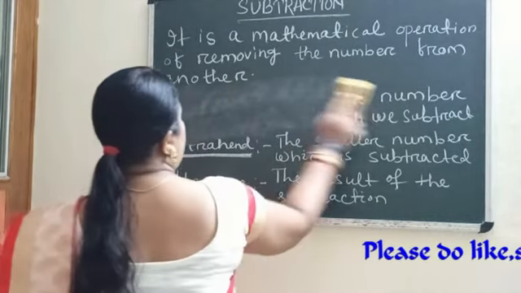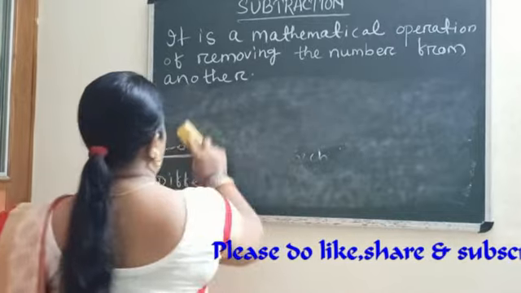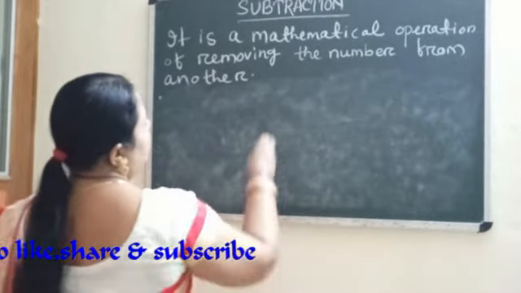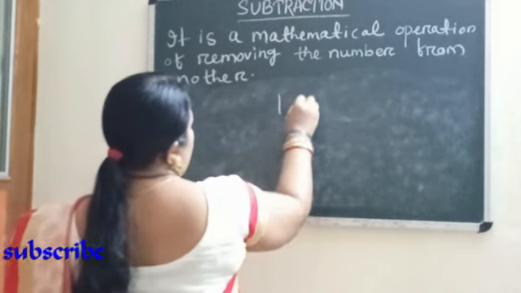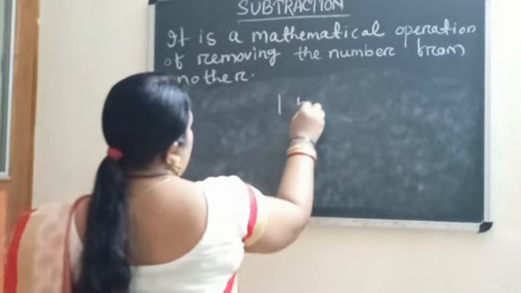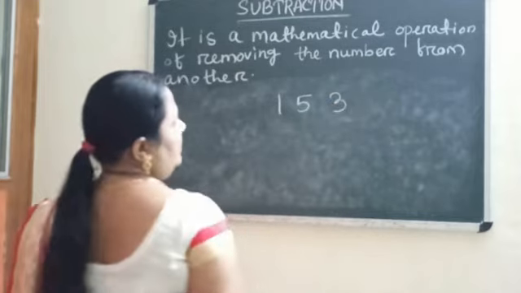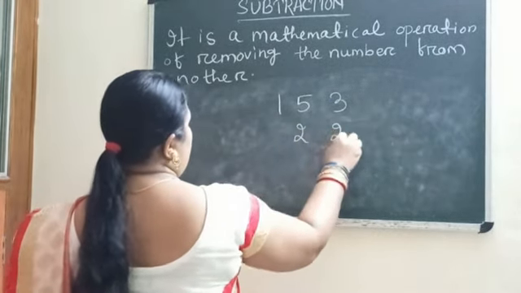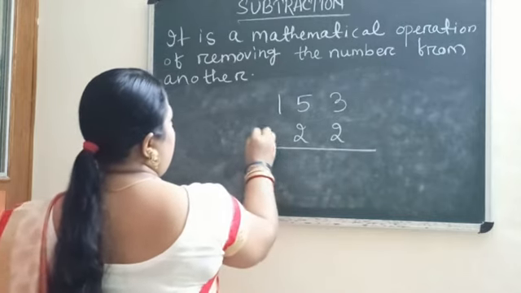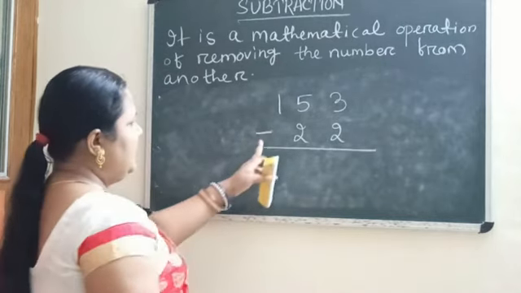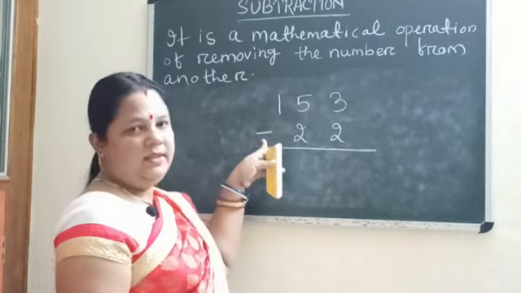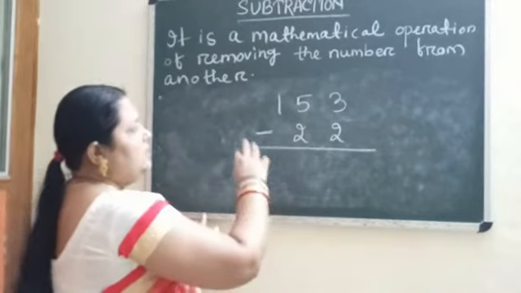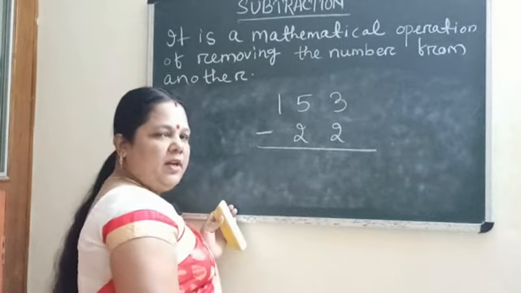So let's take one example. 153, and I am subtracting 22. What is this symbol? This symbol is called minus, which represents subtraction. In the previous video we discussed addition.